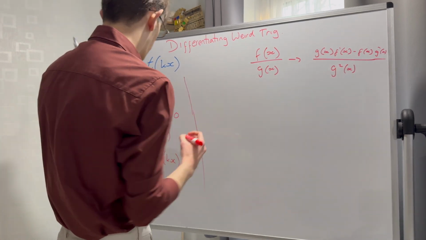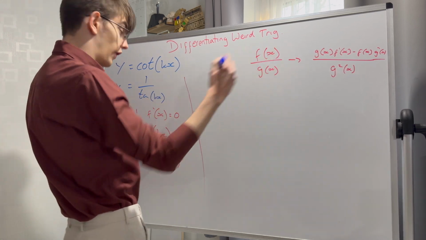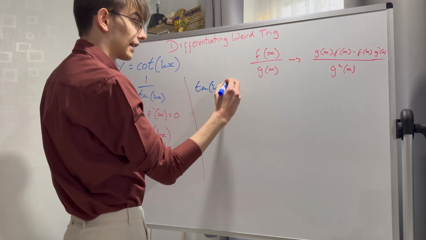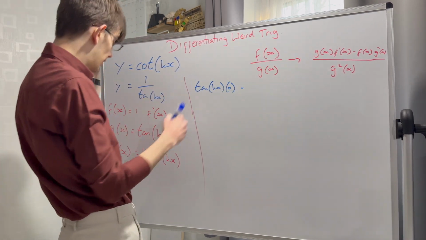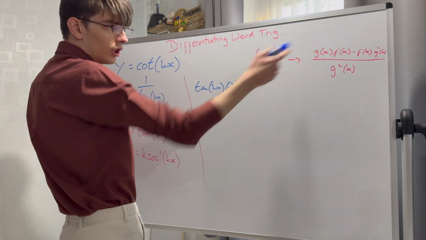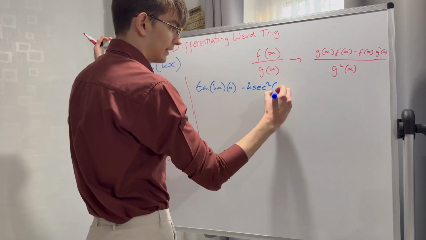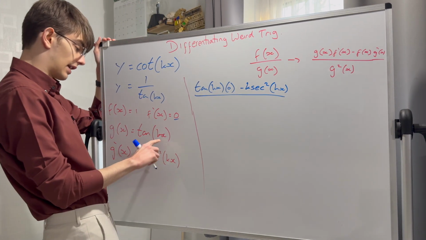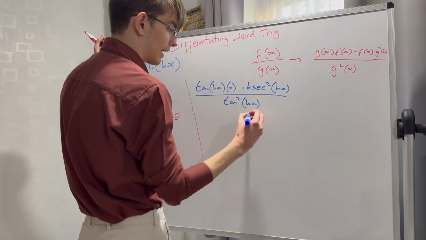Right, now let's very quickly throw it all into this formula. So first term, g of x is tan kx times 0 again, so that's going to disappear. Minus f of x, which is 1, times g prime of x, which is k sec squared kx, all divided by tan squared kx.